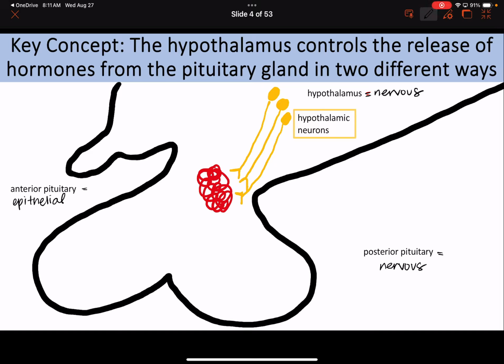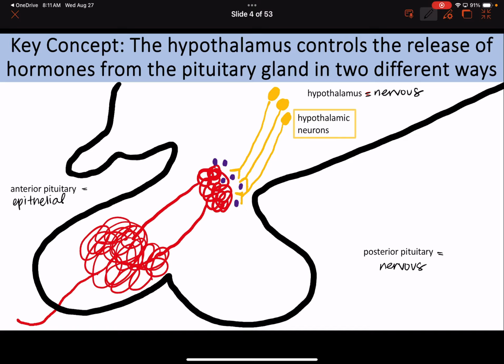Those neurons, because they come from the hypothalamus, we call hypothalamic neurons. One thing to know is that there is no direct neural connection between the hypothalamus and the anterior pituitary. They communicate with each other through a series of capillary beds and blood vessels.